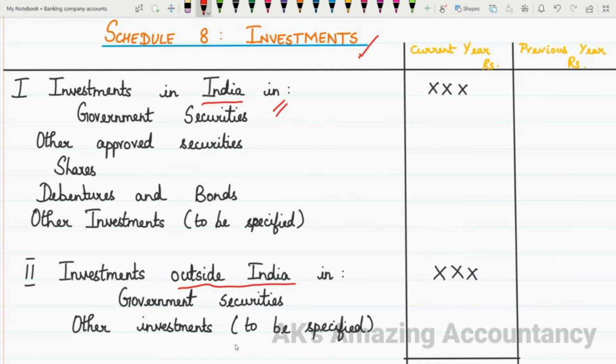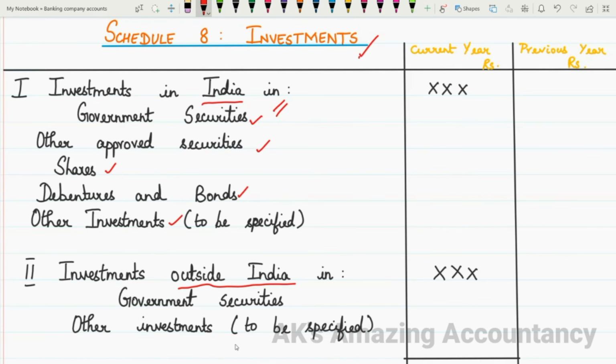Under investments in India, we'll be having investments in government securities, investments in other approved securities. If you are given any investments in shares, that will come here. If you have any investments in debentures and bonds, that will come here. And apart from all this, if you have any other investments in India, that has to be mentioned under the heading other investments.